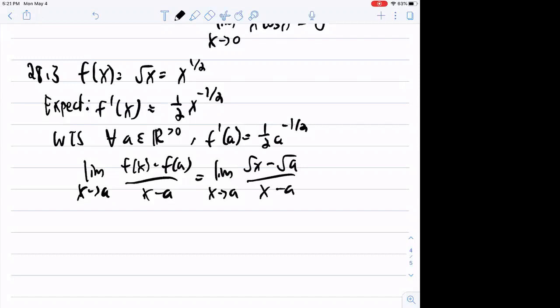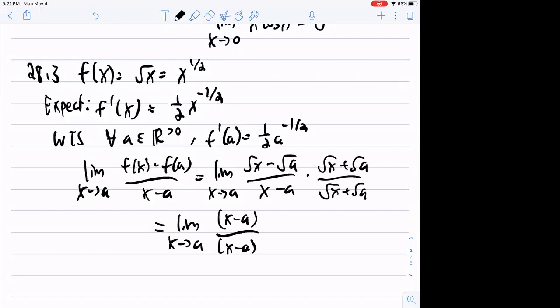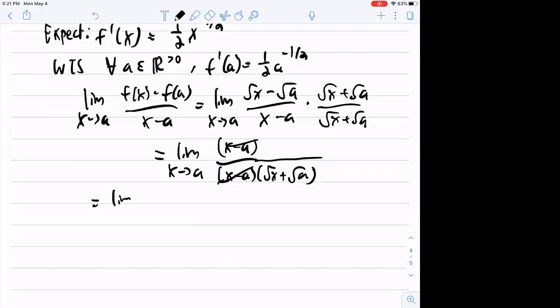So again, the trick is when you see a square root, multiply by the conjugate. And sure enough, the top gives you sort of like the bottom, right? Because you get x minus a on top, and then x minus a over root x plus root a, right? So you just get 1 over root x plus root a. So if you just plug in x equals a, you get 1 over 2 root a, right?